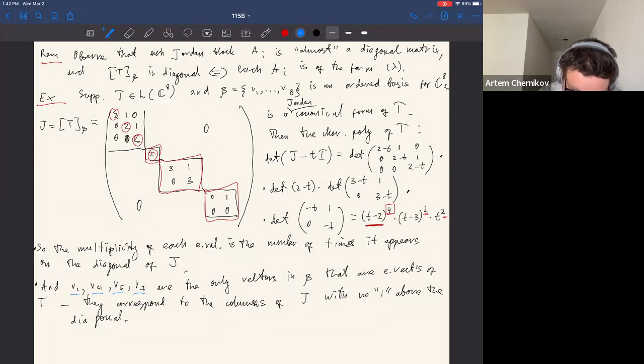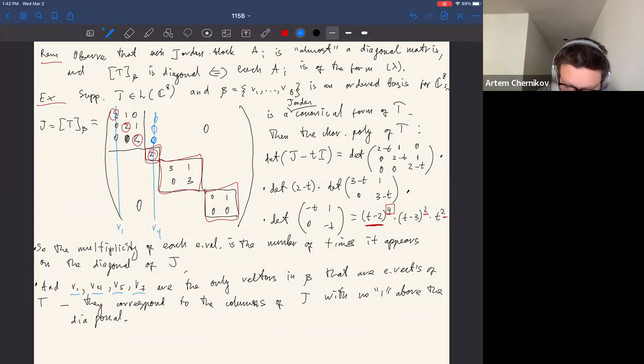So for example, if you look at v1, this corresponds to this column. Here we have the entry on the diagonal, but there's no 1 above it because there's nowhere to put it, right? Next we have v4. This is the column corresponding to v1, and this is the column corresponding to v4. Again, we know that there are zeros everywhere here, so in particular we have zeros here, so again there's no 1 above it.